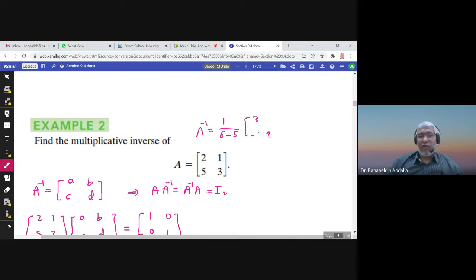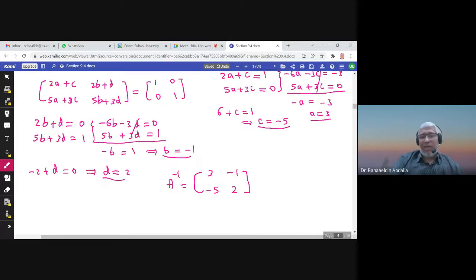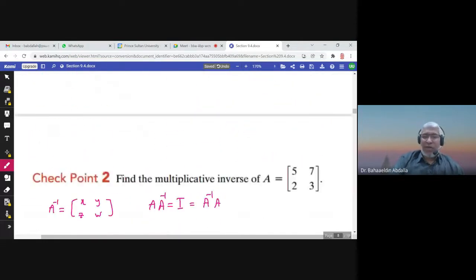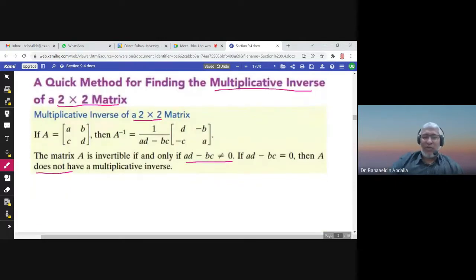So 5 would be negative 5, and 1 would be negative 1. 6 minus 5 is 1. 1 over 1 is 1. So A inverse is this matrix. Is it the same? Yeah, it is the same. So now you can find A inverse in two different ways, but of course this is easier and quicker.